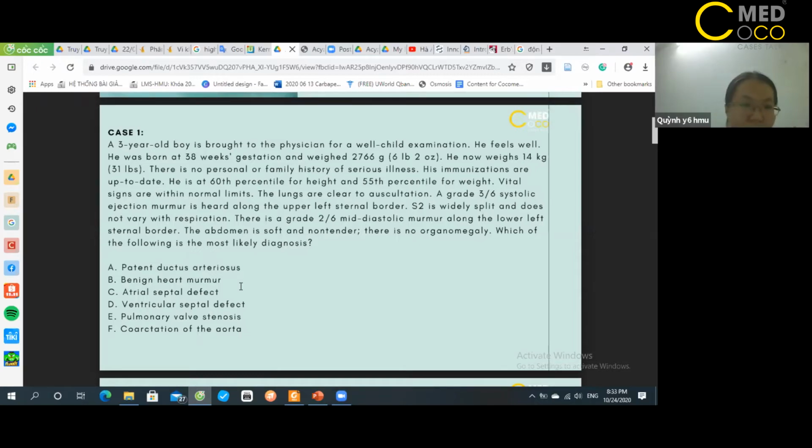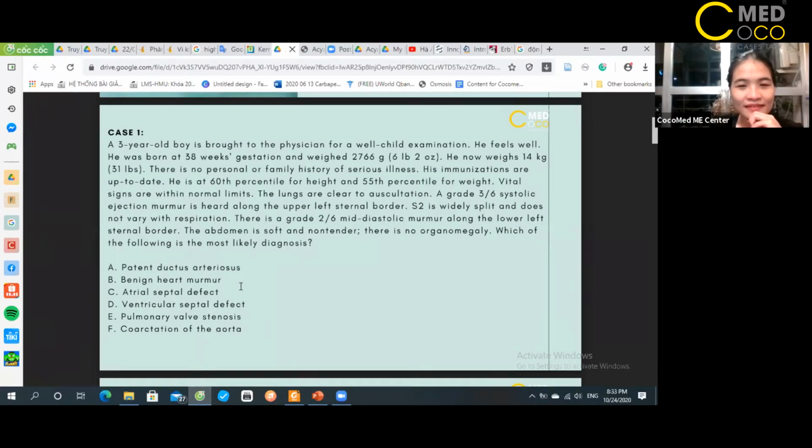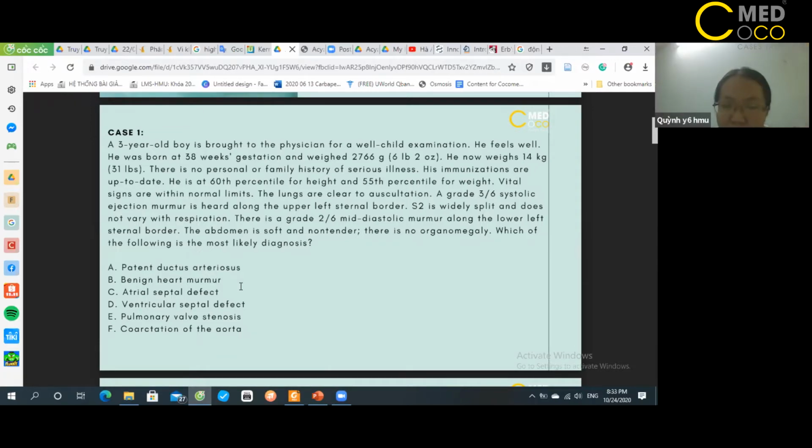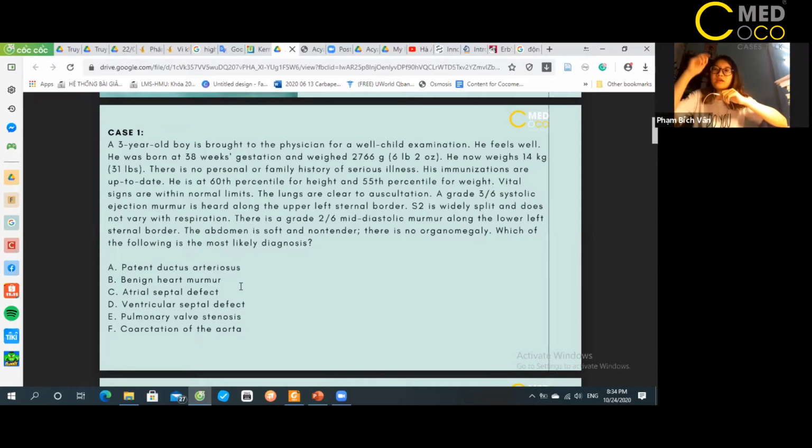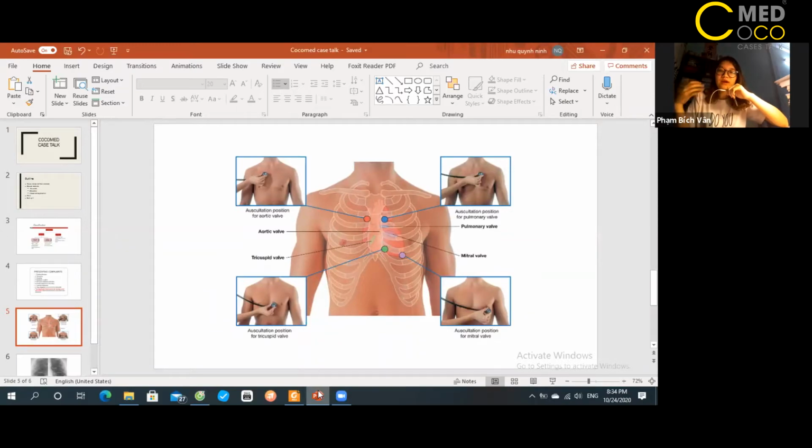If a child has a murmur in the systolic ejection period, which valves does that point to? The valves open in systolic are the pulmonary and aortic valves.